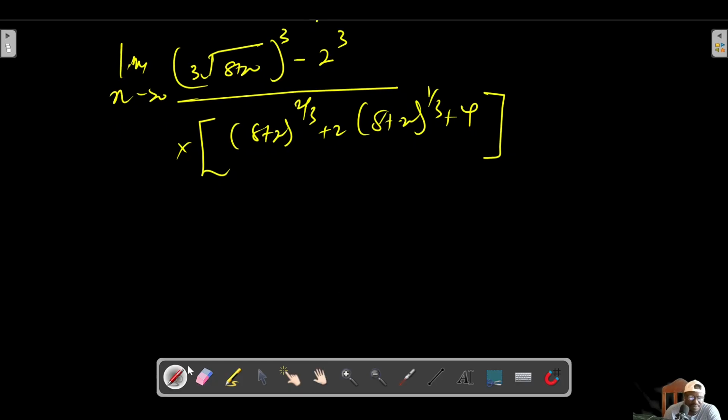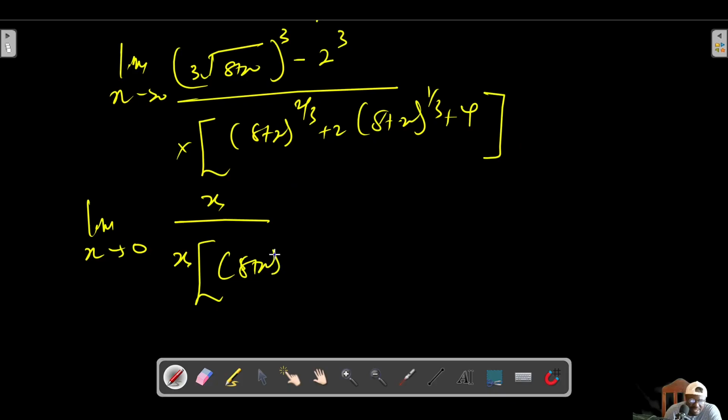What do we get from here? Our numerator will become, the cube takes away the cube root, 8 plus x minus 8. The minus 8 will cancel out the positive 8, so we end up with x on the numerator. x multiplying 8 plus x raised to the power 2 over 3 plus 2 times 8 plus x raised to the power 1 over 3 plus 4.